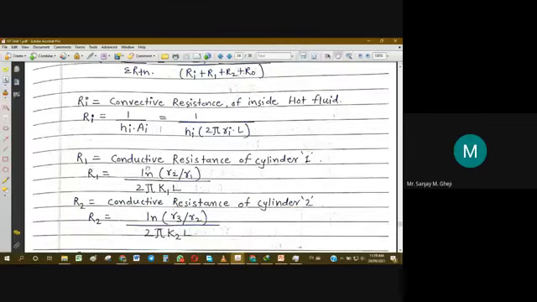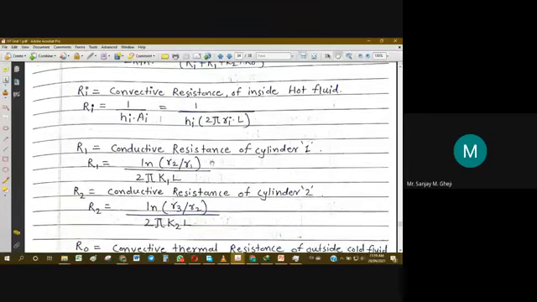Then R1 is the conductive resistance of cylinder 1, the inner tube. In yesterday's lecture we derived the thermal resistance formula for a hollow sphere, hollow cylinder or hollow pipe. It was given by ln of Ro by Ri divided by 2 pi K L. In this case, the ratio should be outer radius to inner radius.